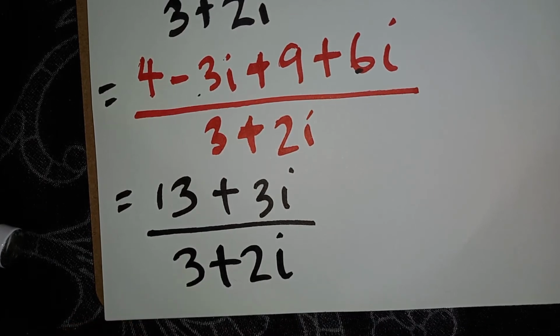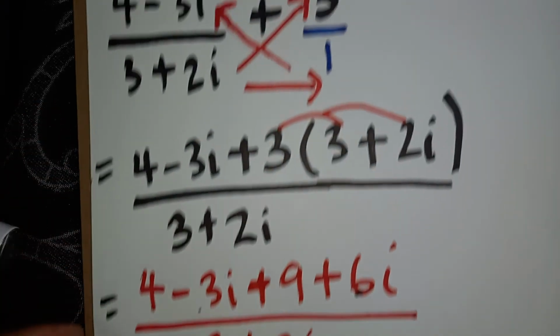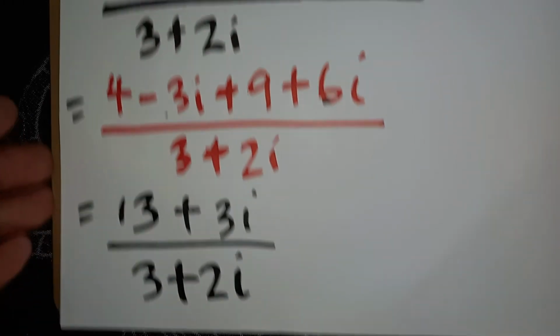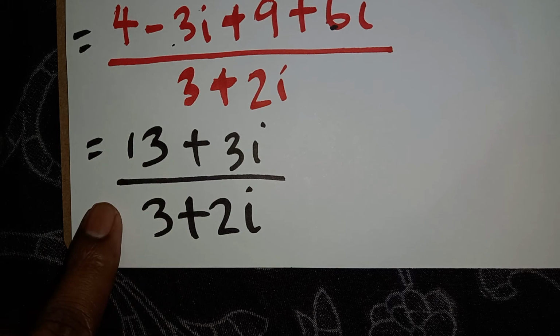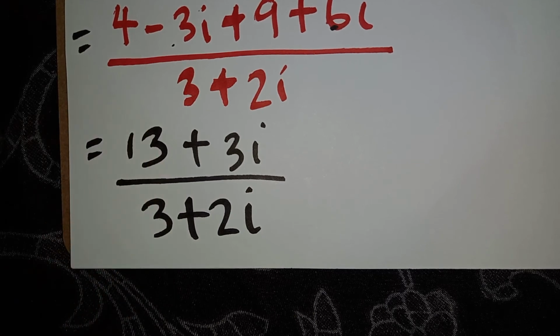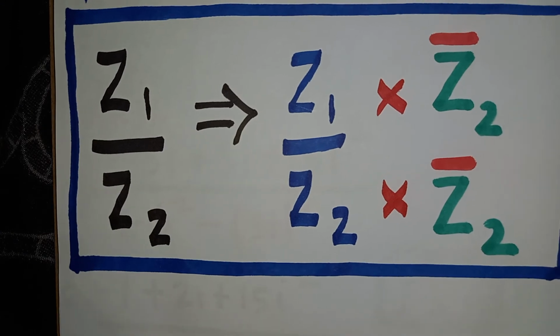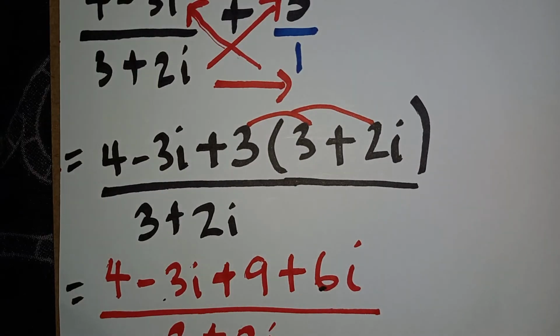Okay, now we have two complex numbers, right? So the whole purpose of doing all this manipulation here was to get two complex numbers, right? Now what we can do, we can basically use this rule. We are going to multiply both of this by the conjugate of the denominator.